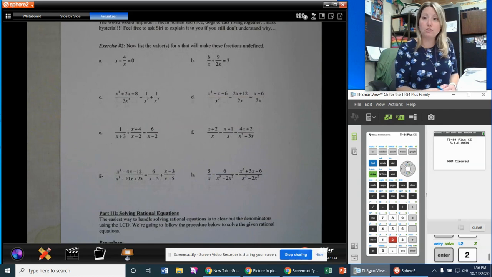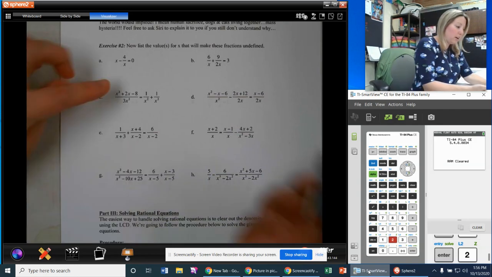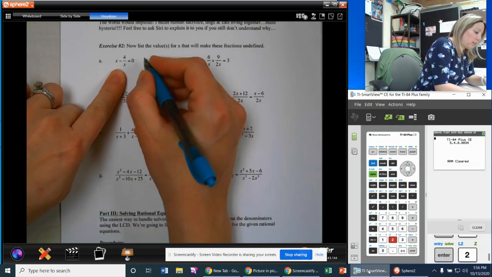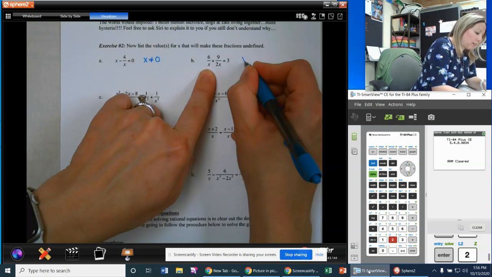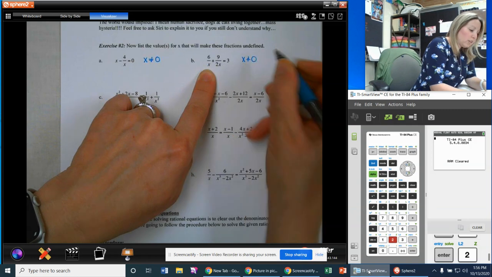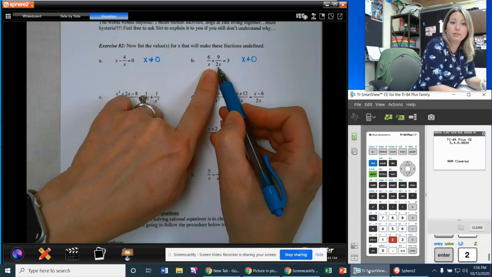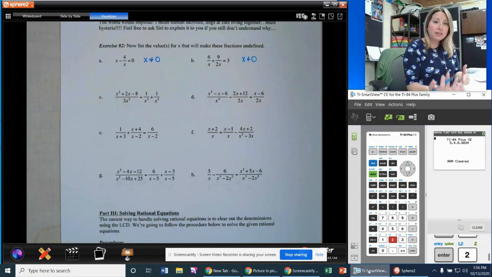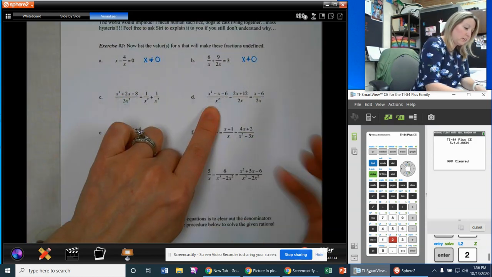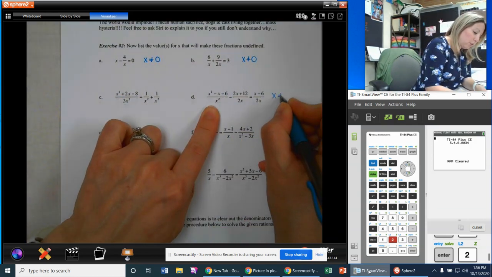If there's a single x or an x squared in a denominator, it's 0. So see how there's a single x here? X can't be 0 then. See how there's a single x here? X can't be 0 then. And by the way, what's 0 times 2? Still 0. X still can't be 0. So if that's the case, or like this is the case, that's still just an x is not allowed to be 0.